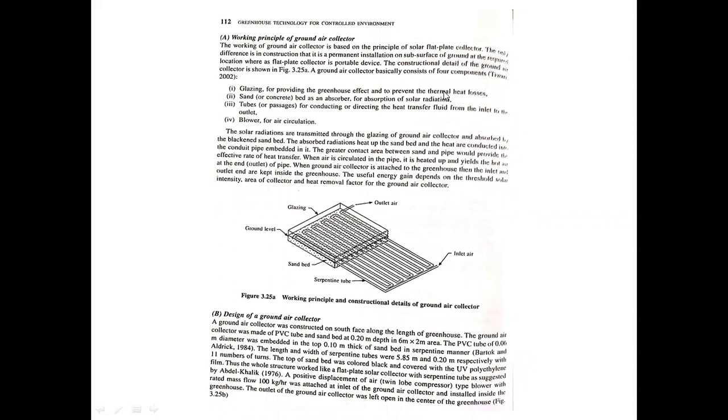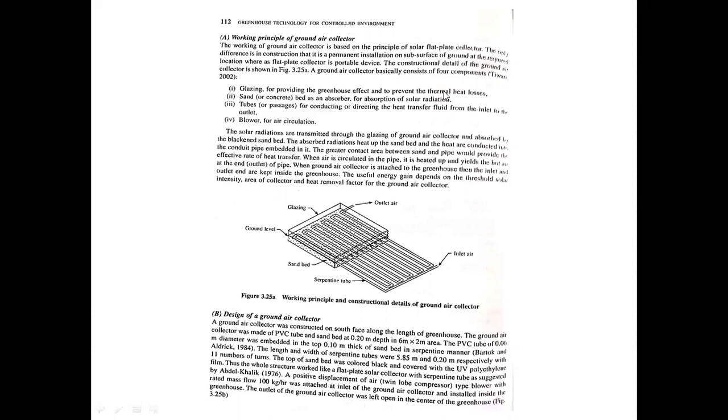A ground air collector basically consists of four components: glazing for providing the greenhouse effect and to prevent thermal heat losses, a sand or concrete bed as an absorber for absorption of solar radiation, tubes or passages for conducting or directing the heat transfer fluid from the inlet to the outlet, and a blower for air circulation.